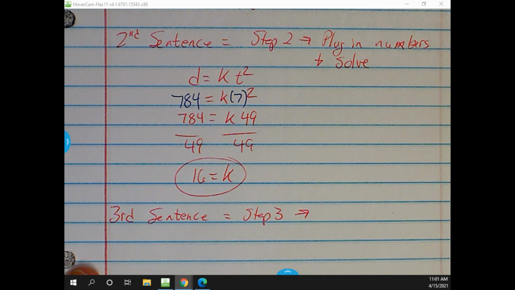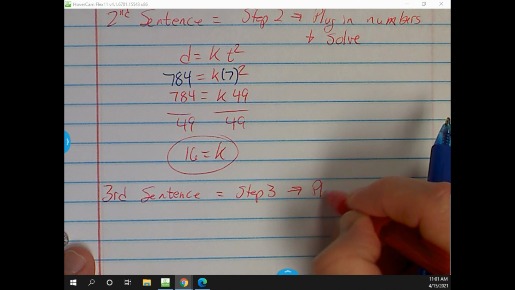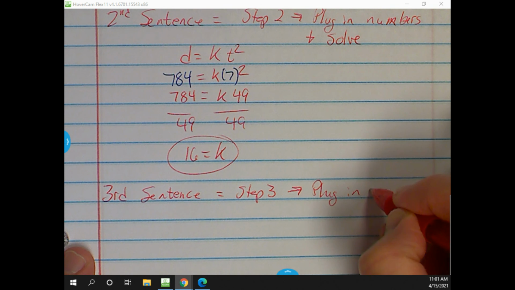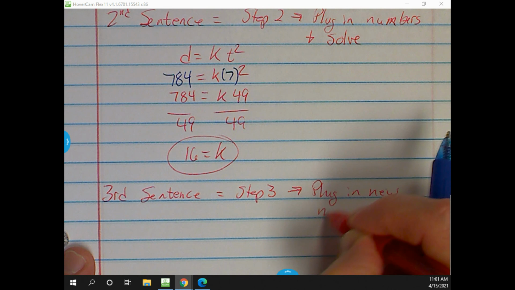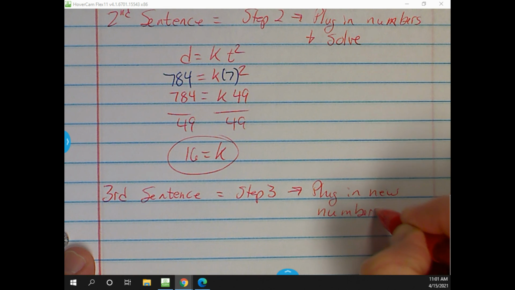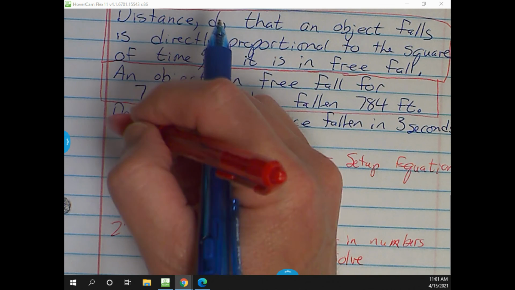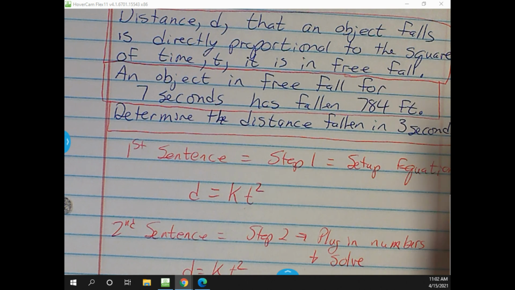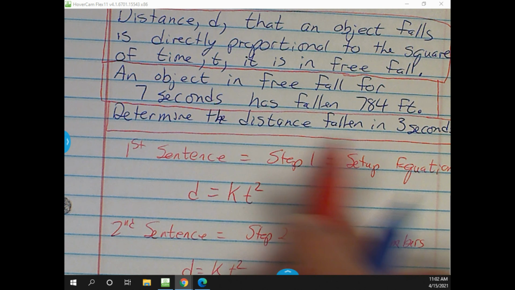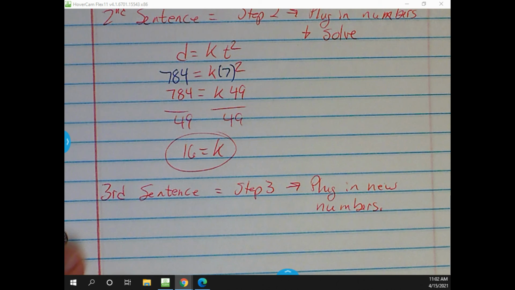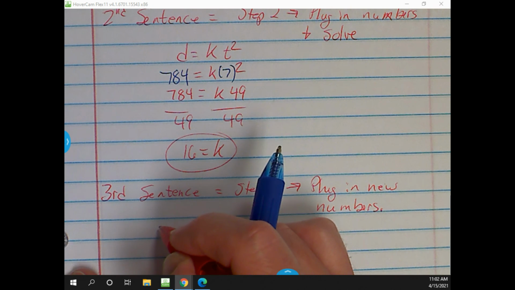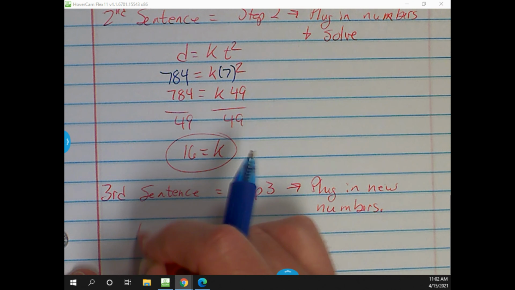you plug in your values again. Now you've got new numbers to plug in. Back here in step 3, in that third sentence, the time fallen is 3 seconds. So our time was equal to 3.